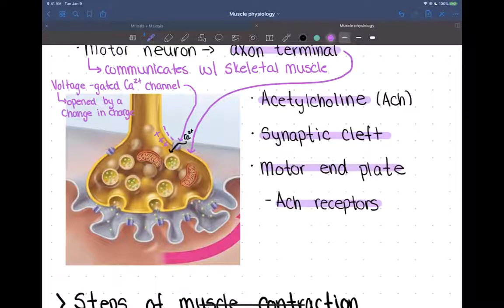When that calcium enters, one thing calcium does is stimulate the release of secretory vesicles. We have these vesicles that are full of the neurotransmitter acetylcholine, in the axon terminal.